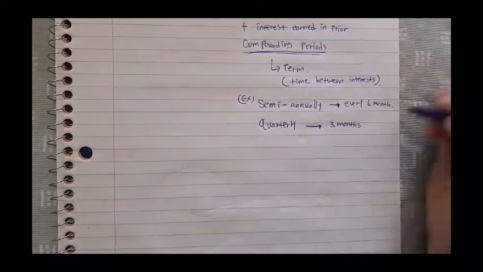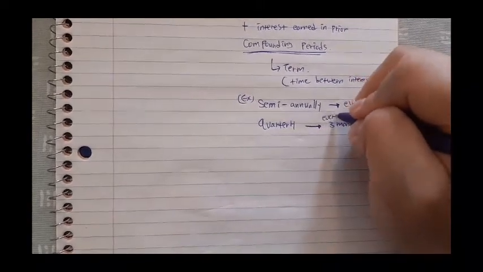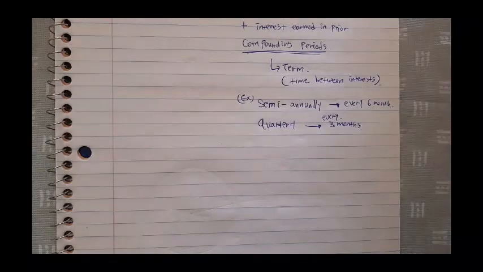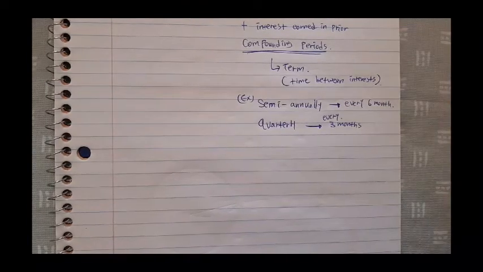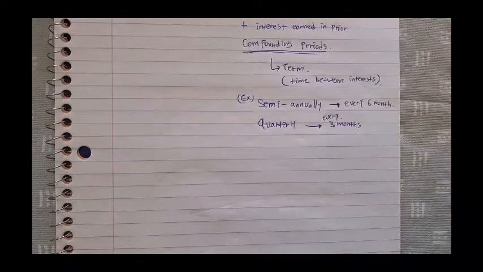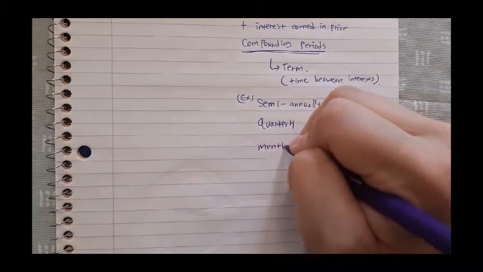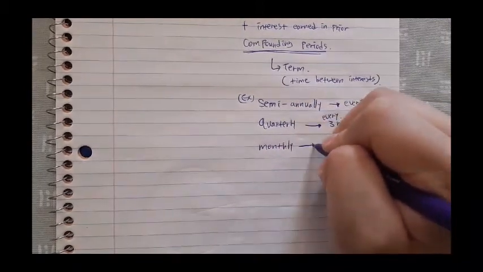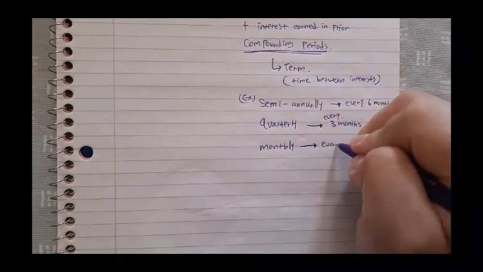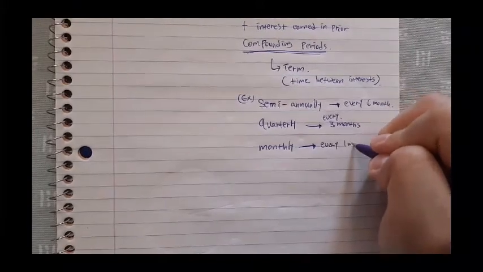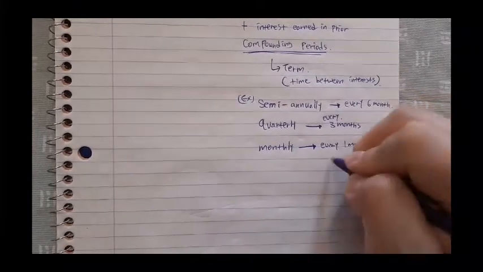So you may notice that even if it's a year, we're not talking about one long term. We are breaking the year into several periods. You may also have a monthly situation, which is every 1 month, technically 12 times in a year.